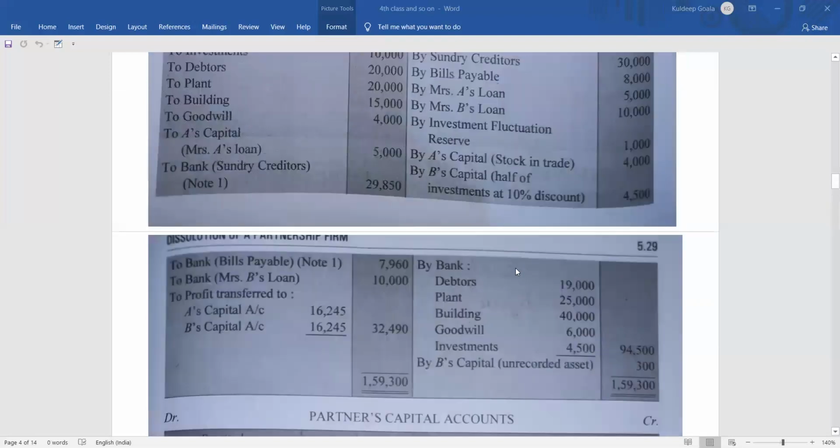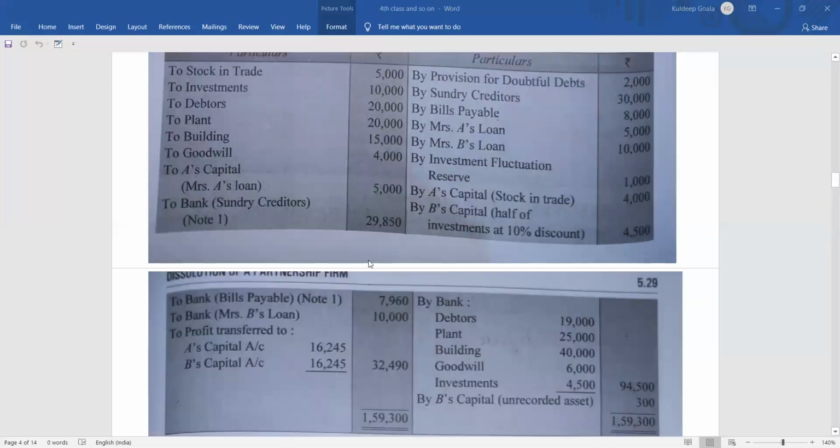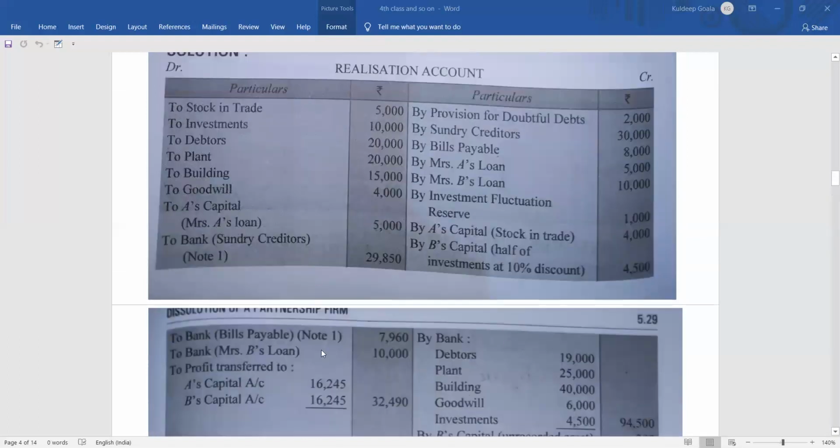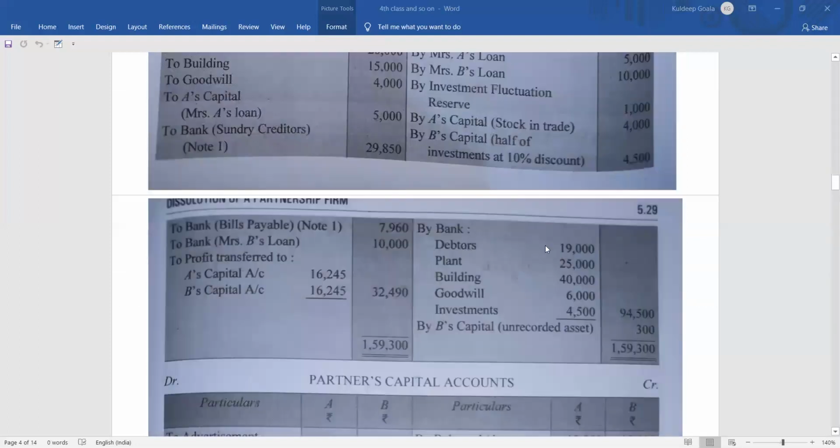After that, there are no more bank entries in the debit side. The debit side is over with the bank entries. Now we'll go to the credit side and find out where is the bank. So here is the bank. It will come in the debit side as 94,500. We know the journal entry rule, right? The journal entry was bank account debit to realization.